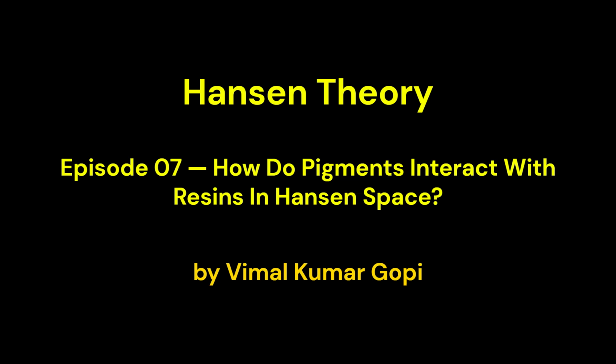Next, let's discuss additives and dispersants. Dispersants are not just helpers. They modify pigment surface forces to better match resin characteristics. A dispersant that balances dispersion, polarity, and hydrogen bonding moves the pigment point closer to the polymer in Hansen space. This reduces Ra distance and lowers red.